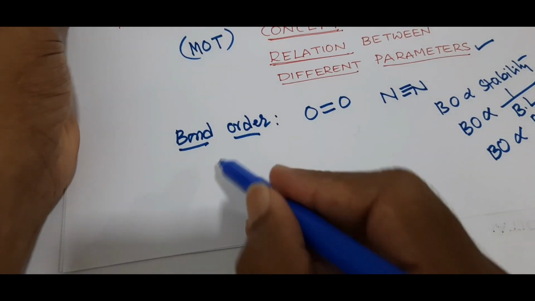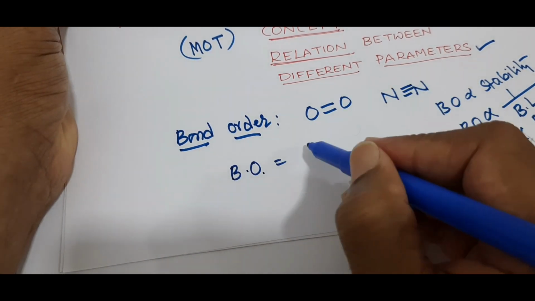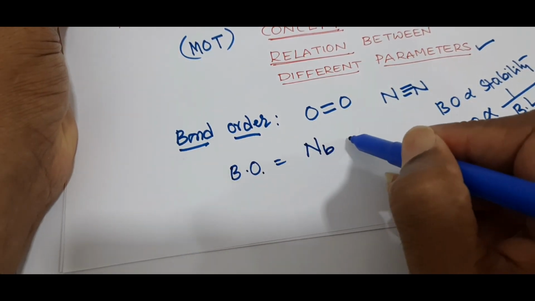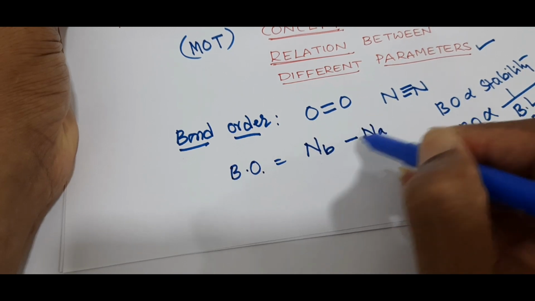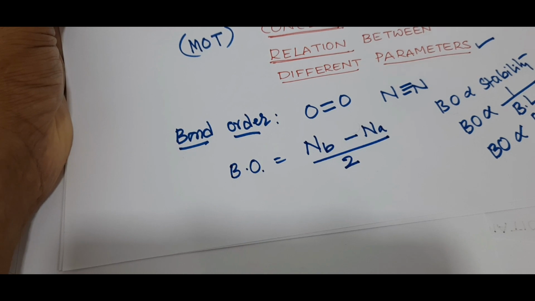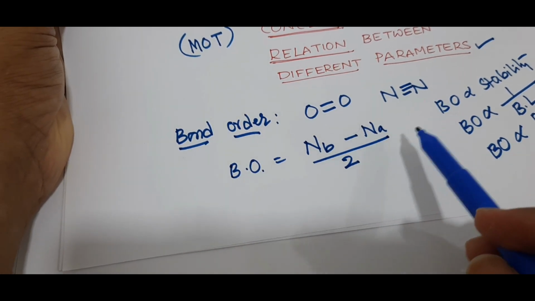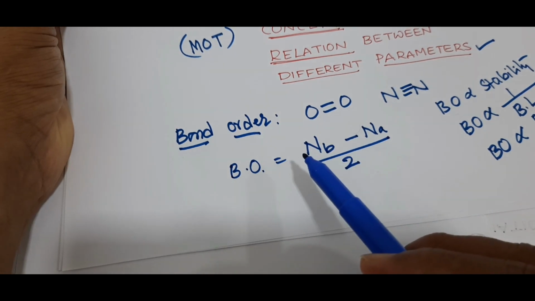How can we calculate the bond order for a given molecule? According to molecular orbital theory, the number of bonding electrons minus the number of anti-bonding electrons, divided by 2, is equal to the bond order.